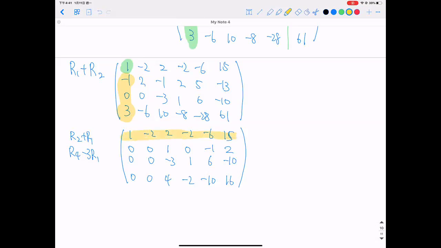The next thing to do is here. This is the first non-zero entry in the remaining submatrix. And it happens to be a 1 already. So what you need to do is to use it to get rid of the entries below it. And above it, maybe. But well, let's do it below first.